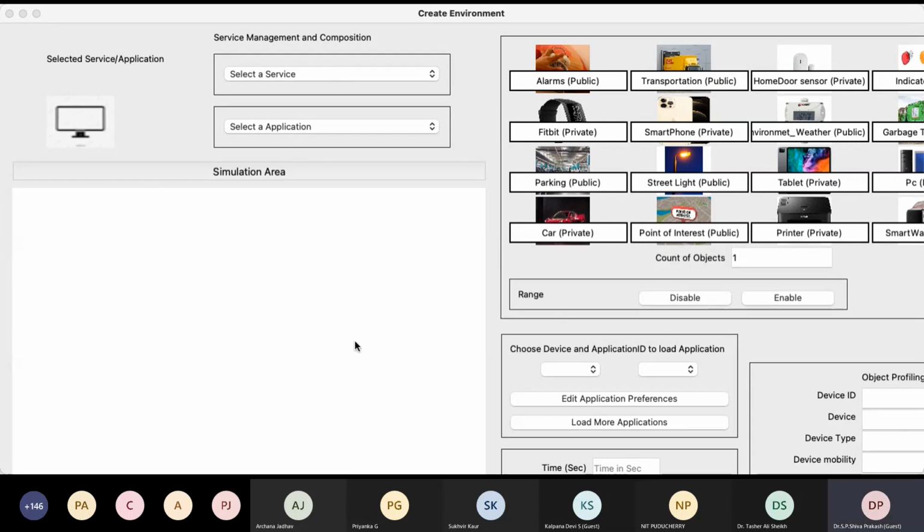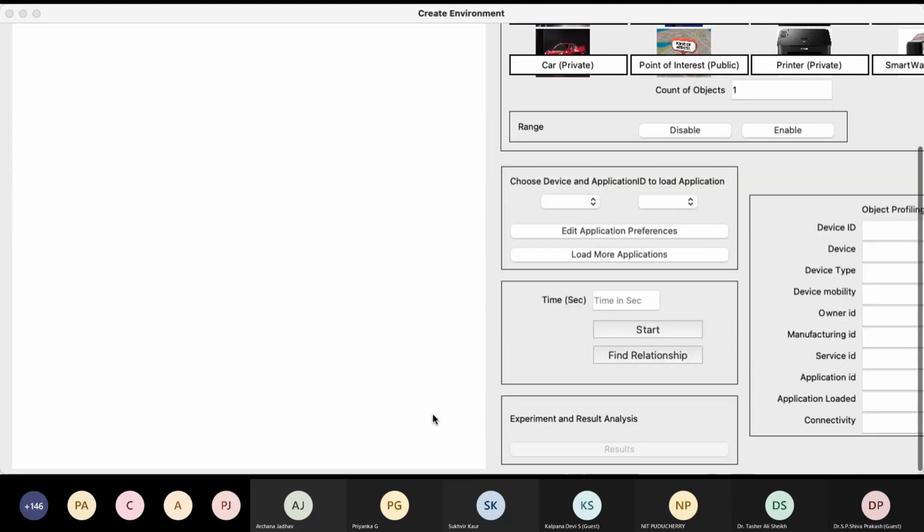In the previous case we tried to choose individual devices and establish the relationship between those devices.